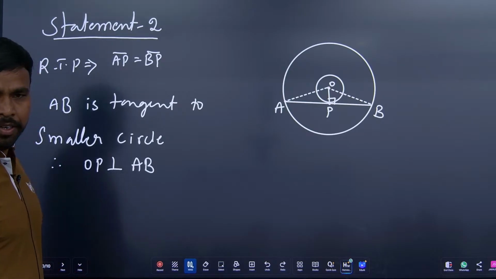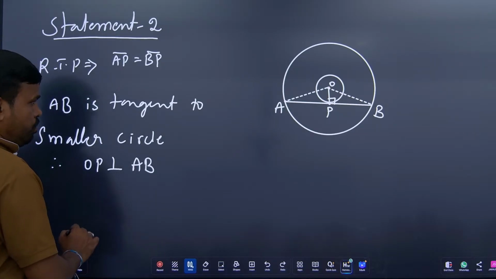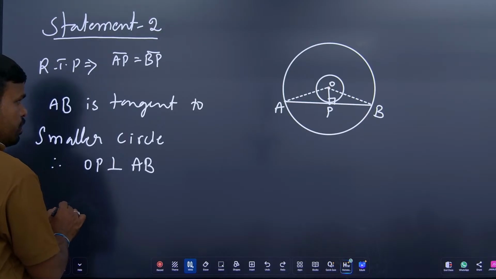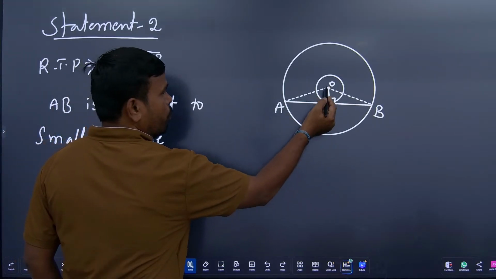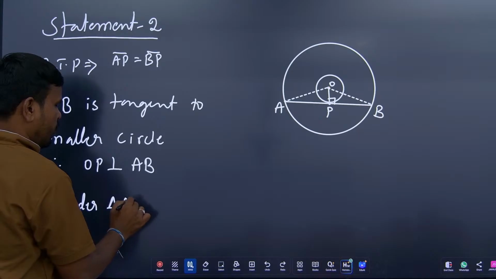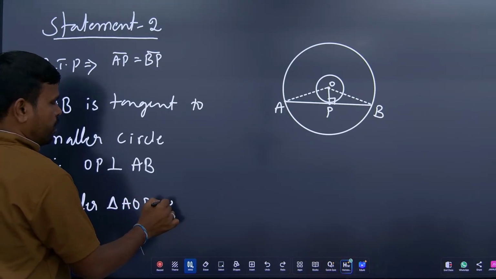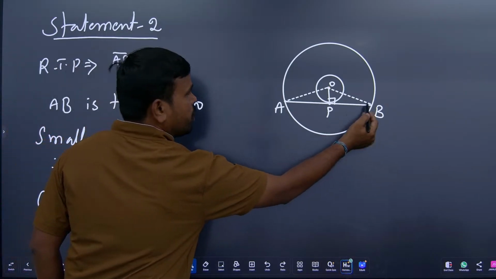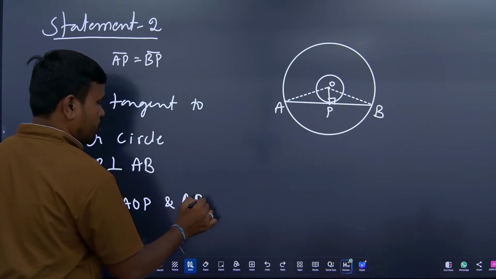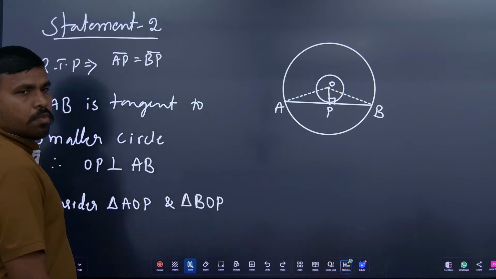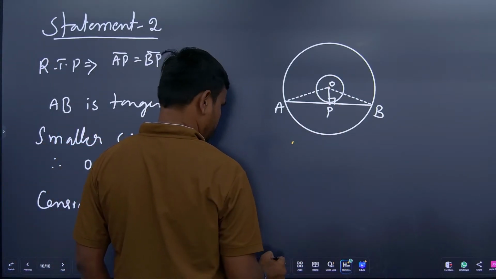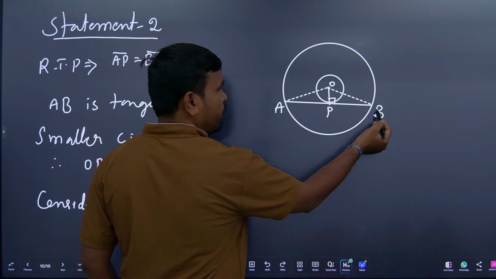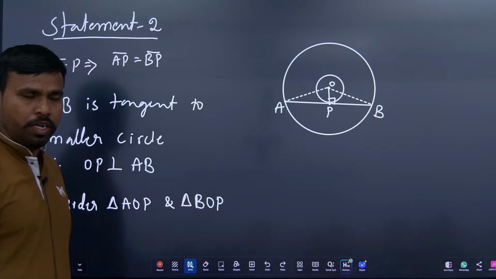And consider triangle AOP and triangle BOP. Are you following? Triangle AOP and triangle BOP. Okay.